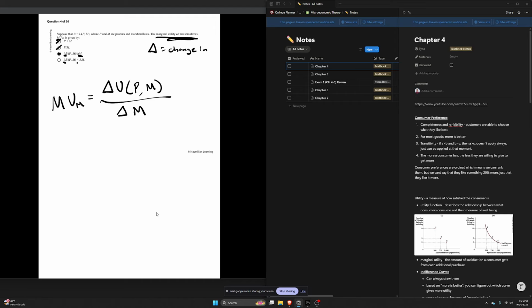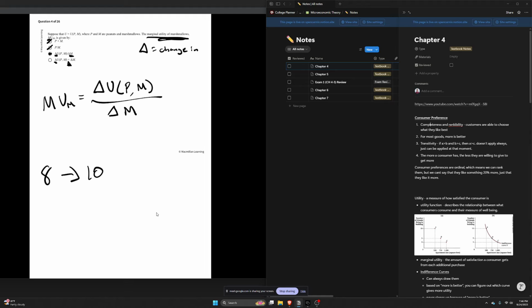You see multiplying here, that doesn't really make any sense because why would you, like, if I changed from 8 goods to 10 goods, and that brought me, say, 24 utility, then the marginal utility would be how much I got from each one of those goods.